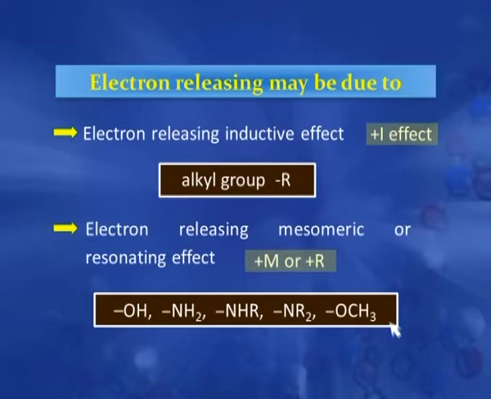And further, one more thing: all these groups which have positive M or positive R also have an electron withdrawing inductive effect. But if we compare the two effects of these groups, electron donation is a much stronger effect than electron withdrawal. So, that is why these groups are known as electron donating groups.